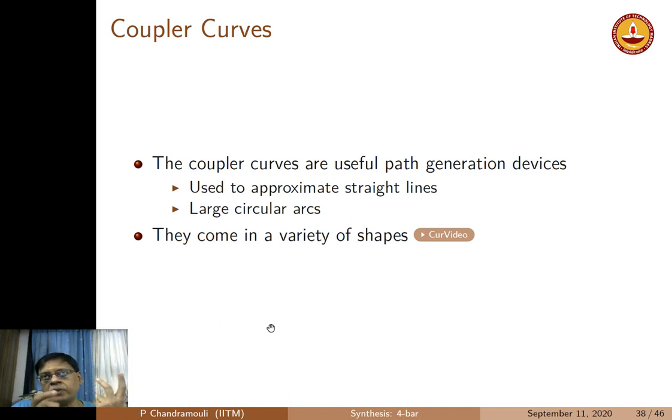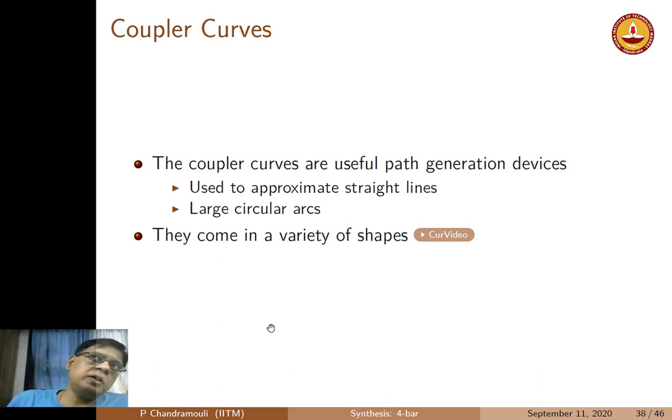We also did special cases where theta equal to alpha, theta by 2 equal to alpha, and so on. So these things were done, and then we said to check the design, we need to look at the transmission angle, and we want to ensure that it is between 90 plus or minus 50 degrees. And if the design doesn't satisfy that, we'll have to go back to the drawing board and come up with another design.